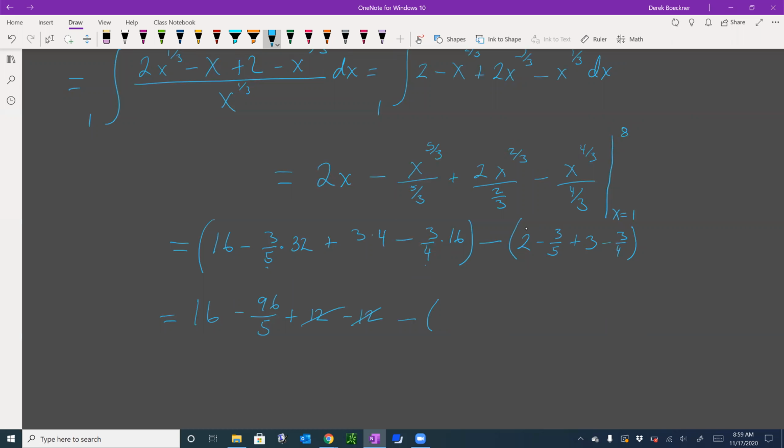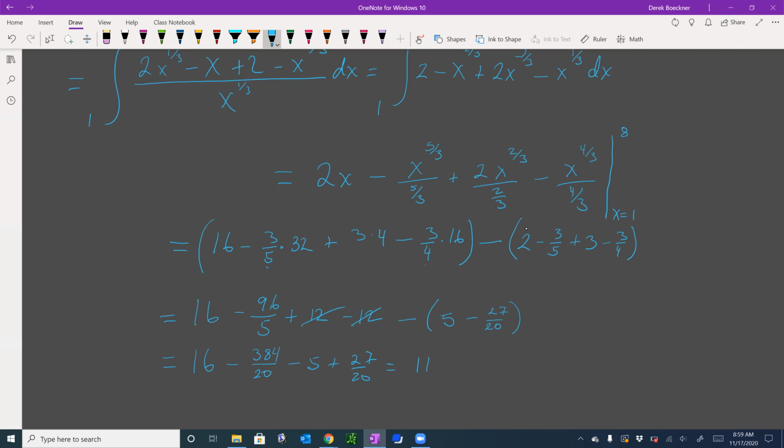Minus all of this stuff, which is going to be in 20ths. That's 12 20ths, and that's 15 20ths, so minus 27 20ths. To turn that into 20ths, I'd have to multiply by 4. So that's 16. Multiply that by 4, I get 384 over 20, minus 5 plus 27 over 20.